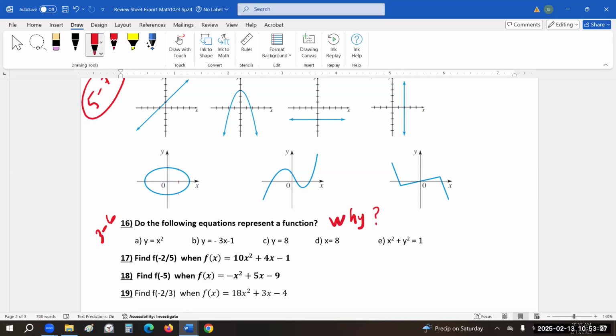So 1 for identifying whether it's a function or not, a yes/no question, and 1 for the reason. If y has odd power, it's a function. If y has even power, it's not a function. So the only reasons you have to say are y has odd power, y has even power, or no y. Only three answers you're supposed to write.